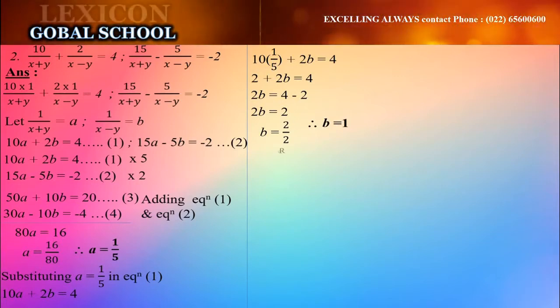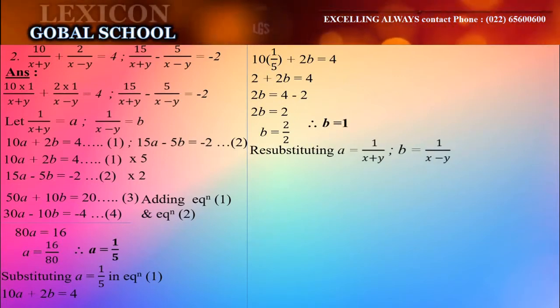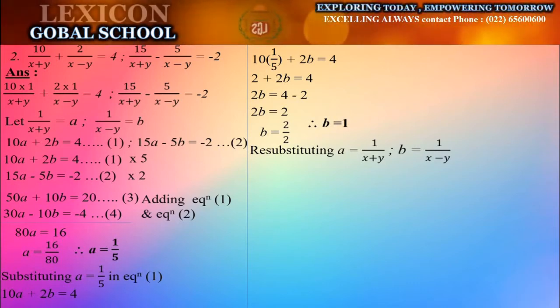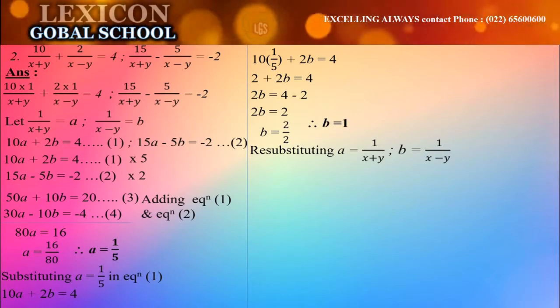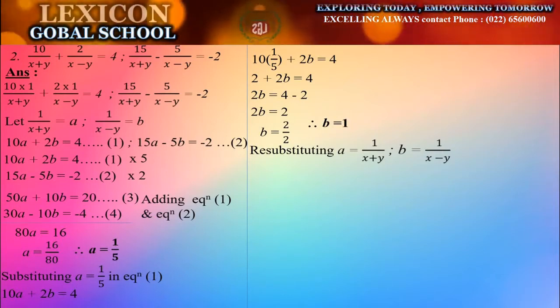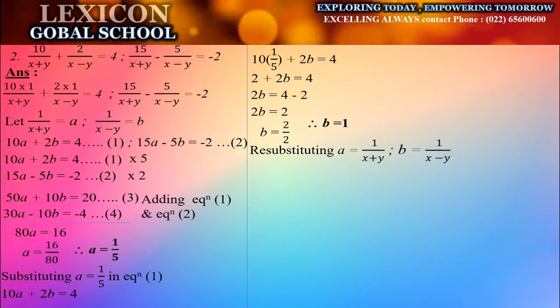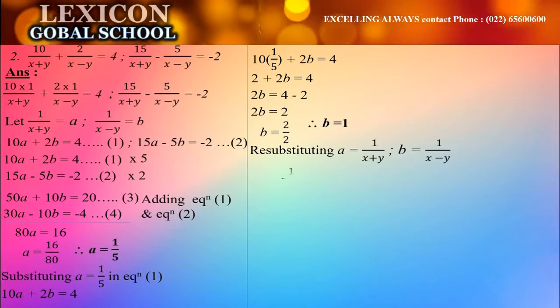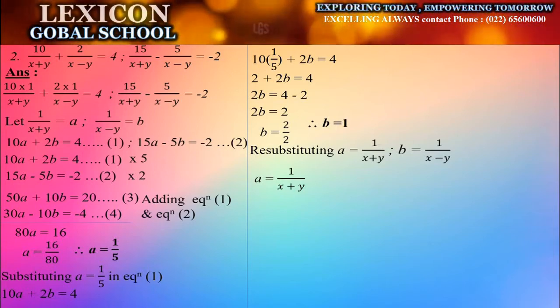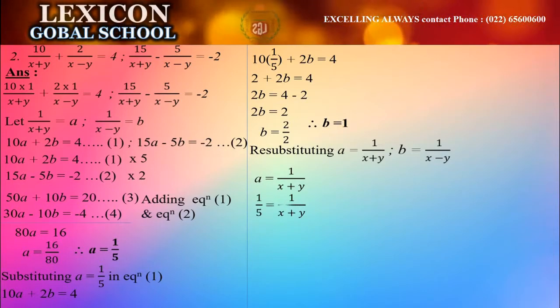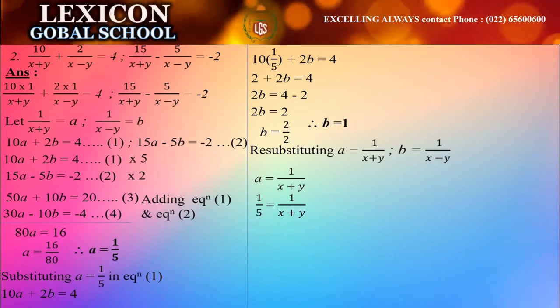Since we got the values of a and b, we are going to resubstitute it as in the question we have variables x and y. So, we are going to resubstitute the values of a as 1 upon x plus y and b as 1 upon x minus y.